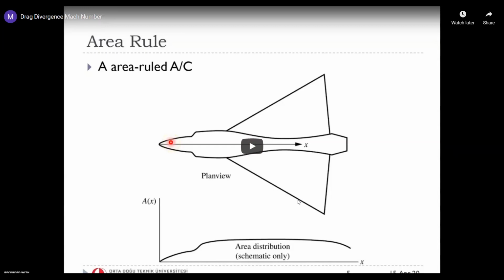what the area rule states is that you should not have sudden dramatic changes in the area. The best way to have a reduction in the drag coefficient in transonic conditions is to have a smooth area variation, like the one that you are seeing here.